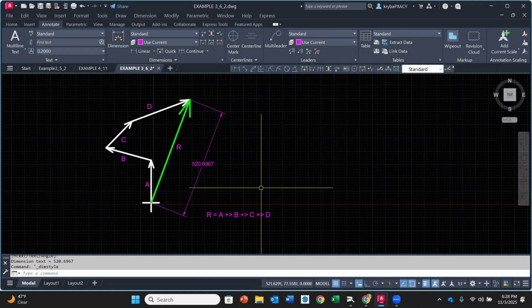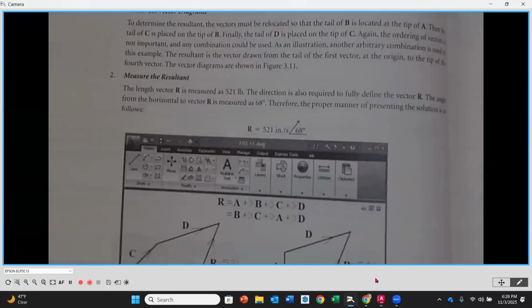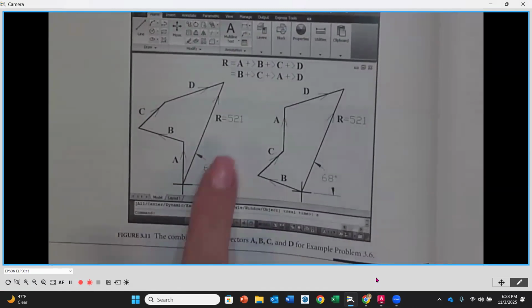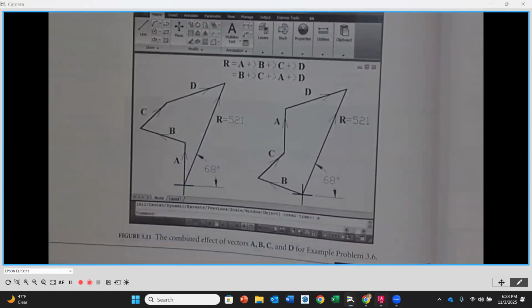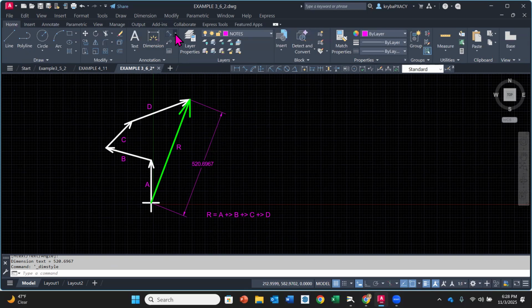Now, if we glance at the book, you're going to notice that the book has, to no decimal places, 521. Our actual dimension came out to 520.69. Rounded up, that would be 521, right? So we're good. Then we're going to do our angle. Go back to Home and change our dimension to an angular dimension.